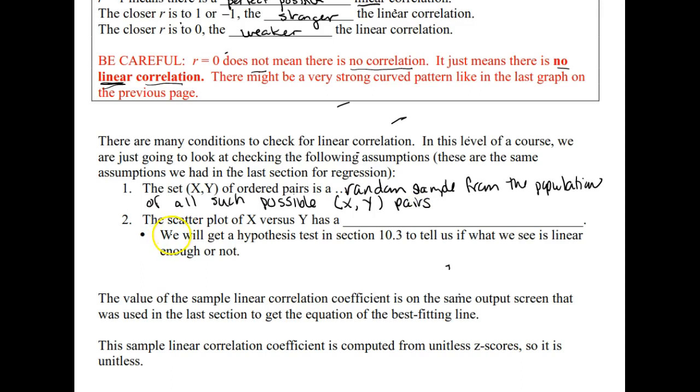And the one graph we're still looking at is the scatter plot of x versus y, and we want that to have a roughly, it's not going to be perfect, linear pattern with no outliers.